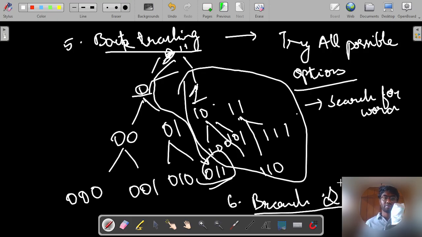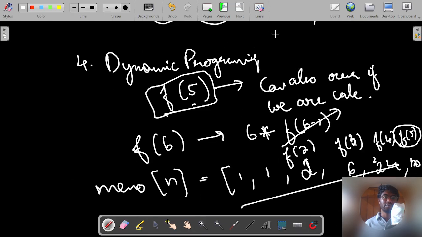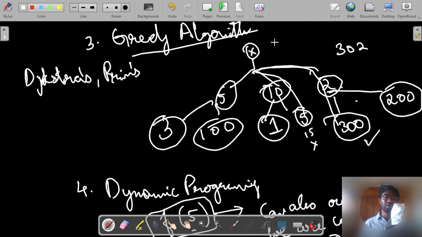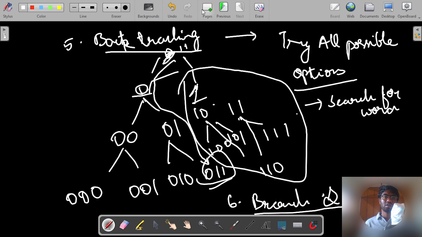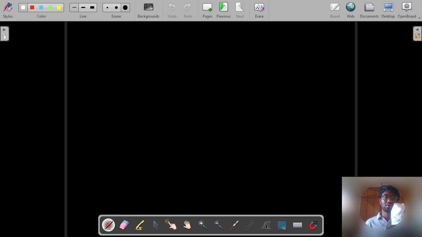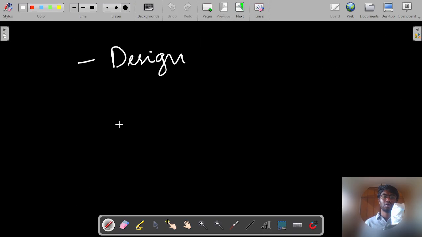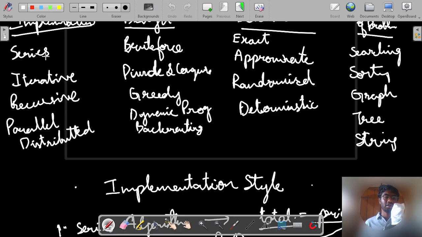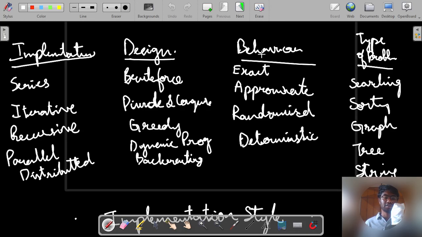So these are a few approaches that we had in design implementation, right? Like we said, we looked at implementation techniques, design techniques, and behavior. Sometimes a problem might ask for an exact solution. For example, if we are calculating tax, we might need an exact number, and sometimes we might need an approximate number.